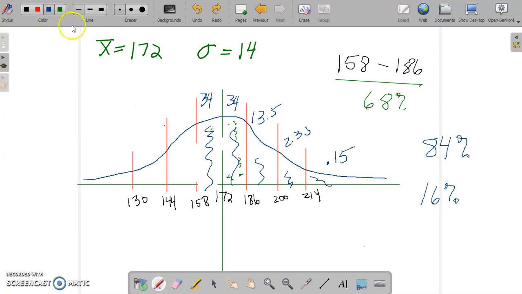If I ask you something, says, well, I want to know what percentage of people are between 140 and 150. Well, 140 and 150, 140 is like right here, and 150 is right here. I don't know what that percentage is. Okay, so that's where some z-scores are going to come in, and that's what the next video is about.